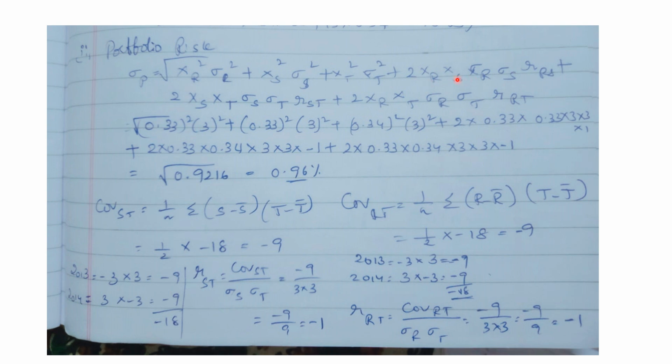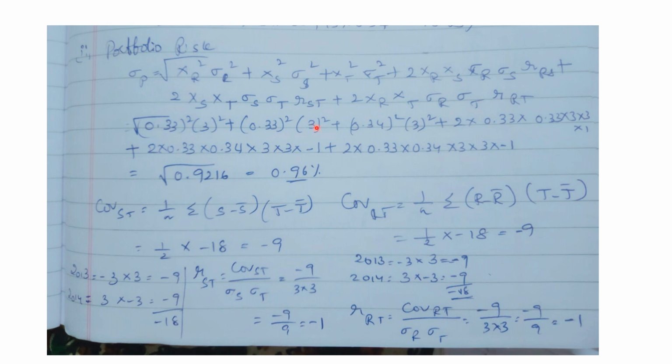Then you take the weights for both the stocks, the standard deviations for both, and the correlation coefficient. If you understand this, then you can go for another stock, and the same way you can do it for another pair, that is for stocks R S, then S T and R T.